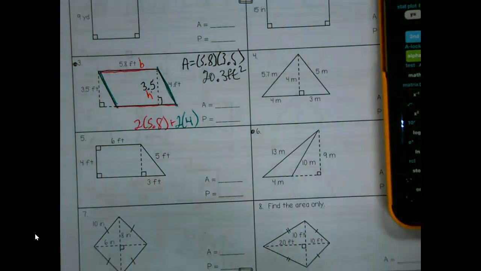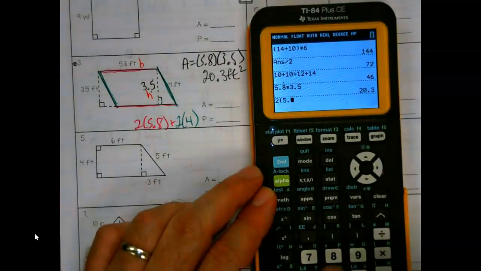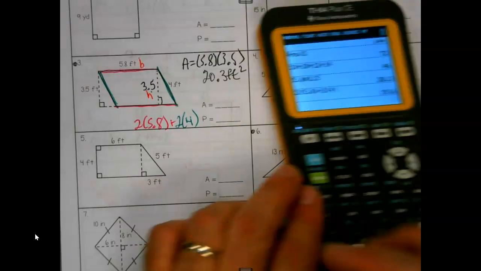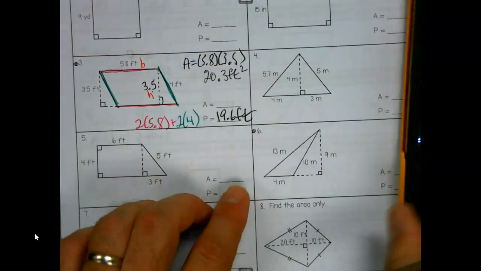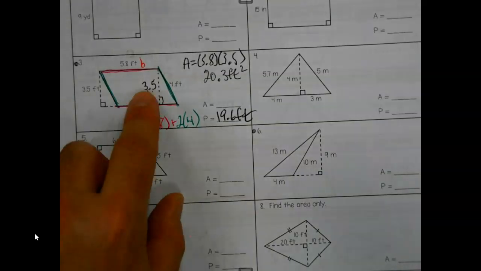Now we're feeling a little better. 2 times 5.8, 2 times 4, 19.6. Much better. Good recovery. Okay. So sometimes some information will be there to help you on part, but it's not needed for both.